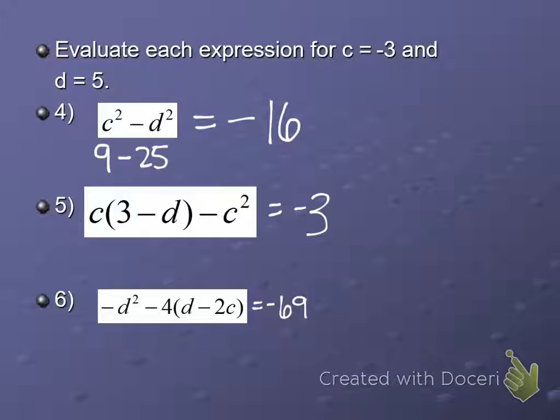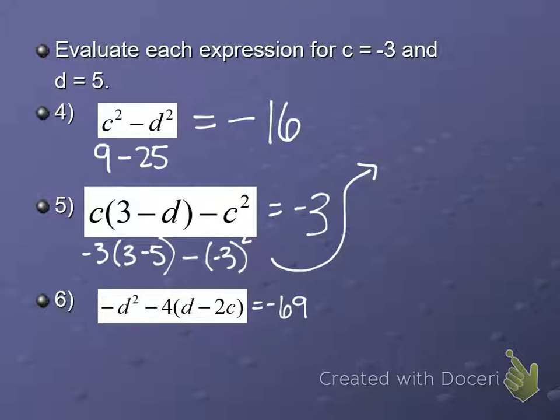So we plug things in. Negative 3 times 3 minus 5 minus negative 3 squared. I'll work it out over to the side here.